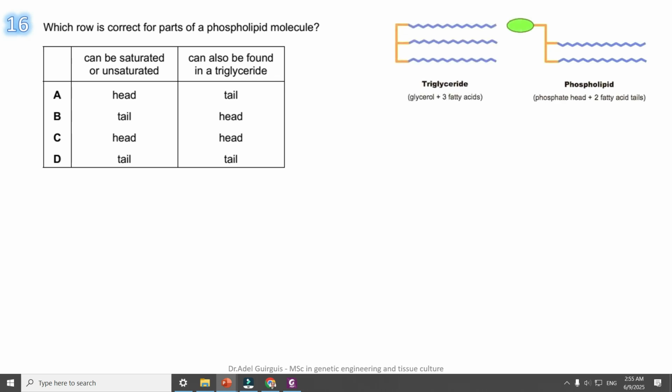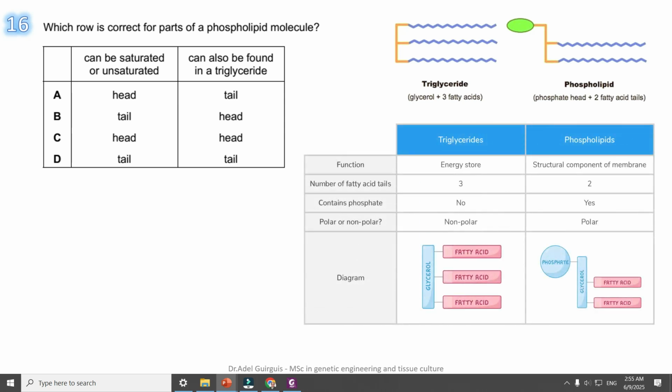Triglycerides: glycerol plus 3 fatty acids joined together. Phospholipid: phosphate head plus 2 fatty acid tails. One fatty acid is replaced by a phosphate group, joined with glycerol instead of the third fatty acid. Look please step by step.